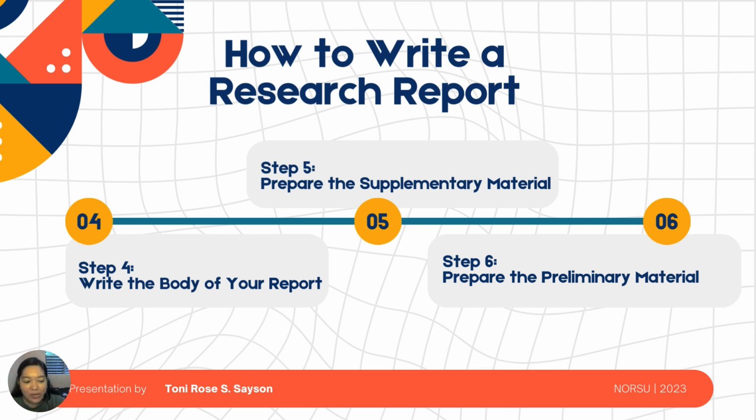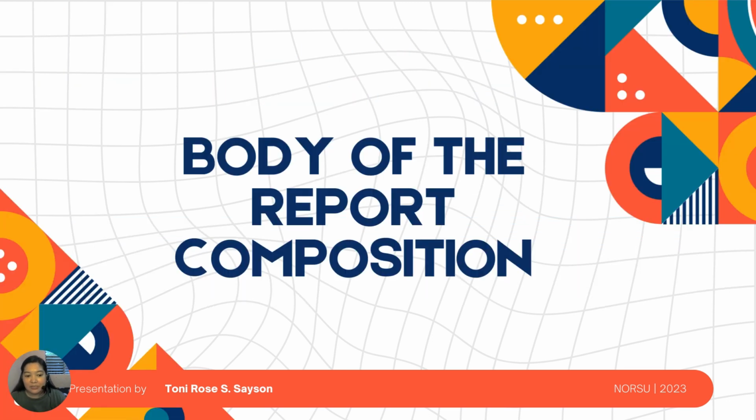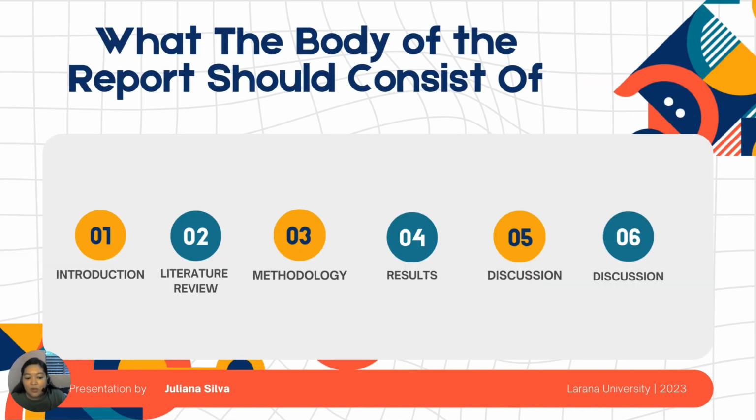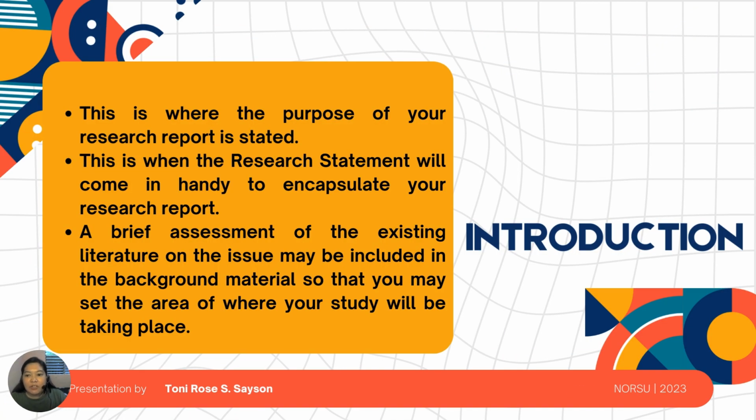Okay. Now, for step 4, which is writing the body of the report, I will be discussing that now. So what is inside the body of the report? Well, the body of the report is where the purpose of your research report is stated.